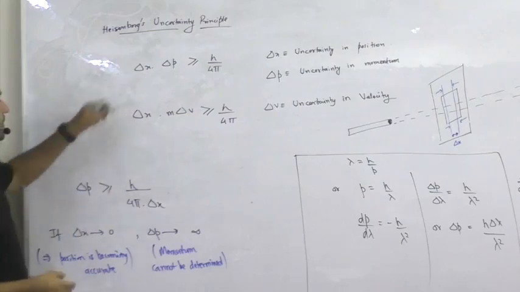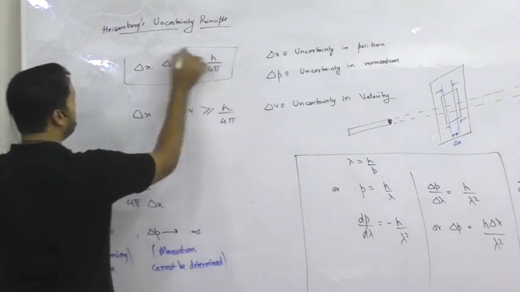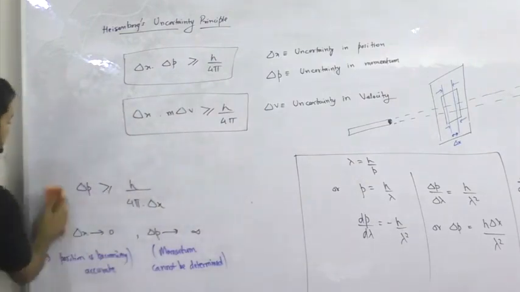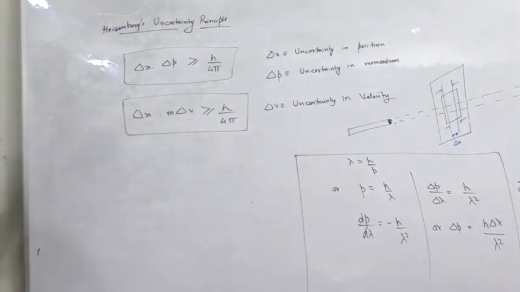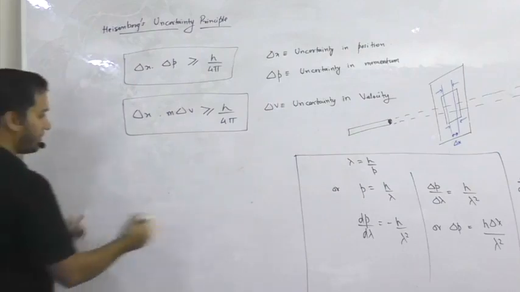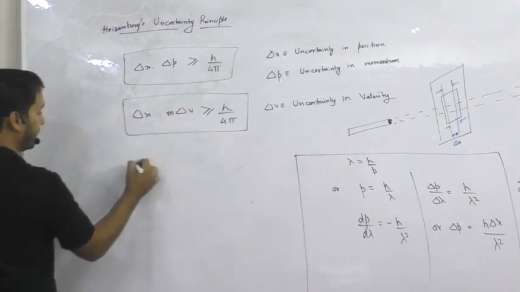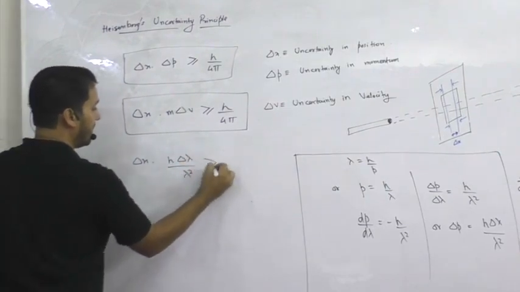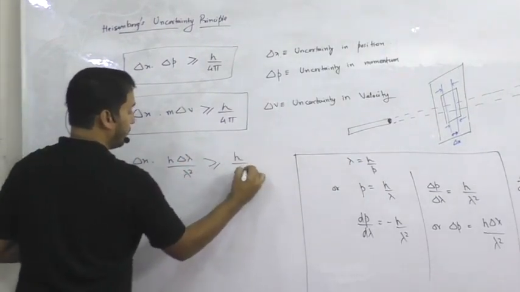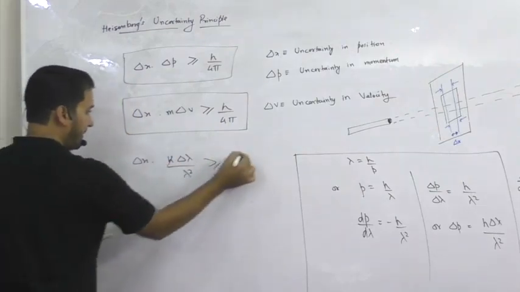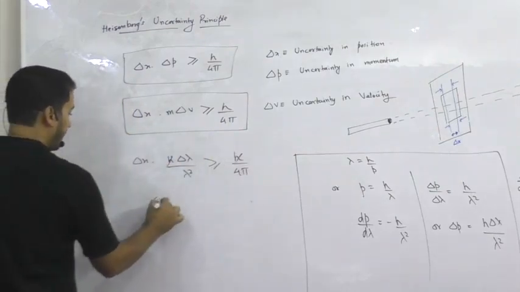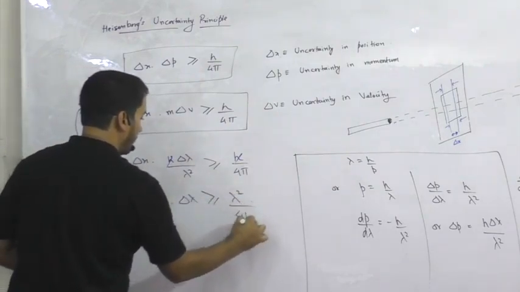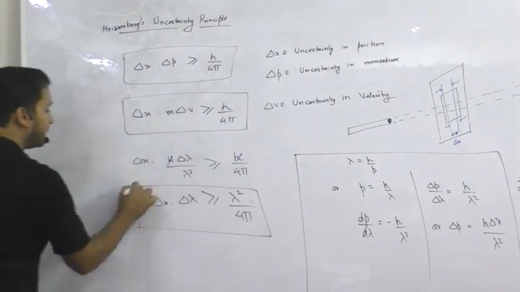So this is the first form, this is the second form, and if I put over here, in place of delta p, h delta lambda upon lambda square, greater than or equal to h upon 4 pi, h and h will cancel. I will get delta x into delta lambda greater than or equal to lambda square upon 4 pi. This is the third form.